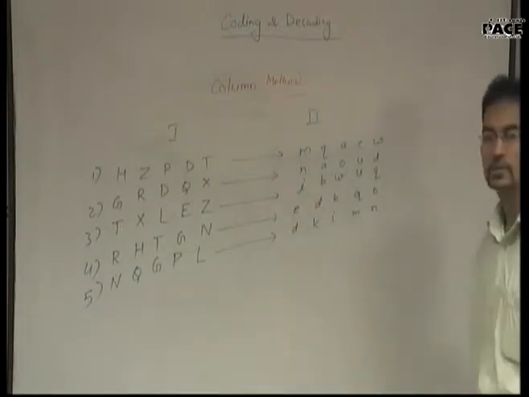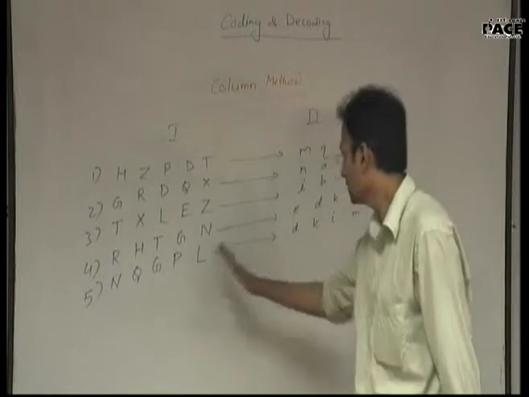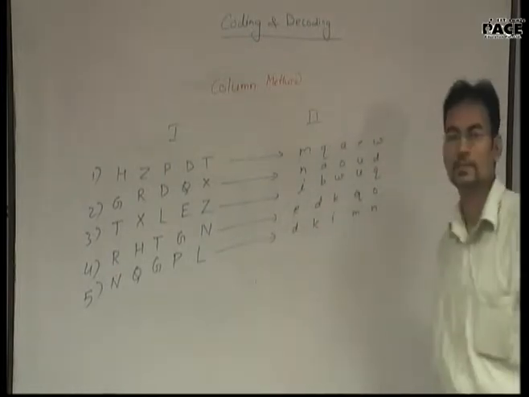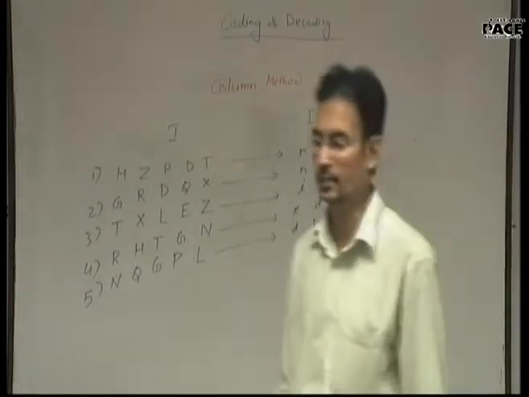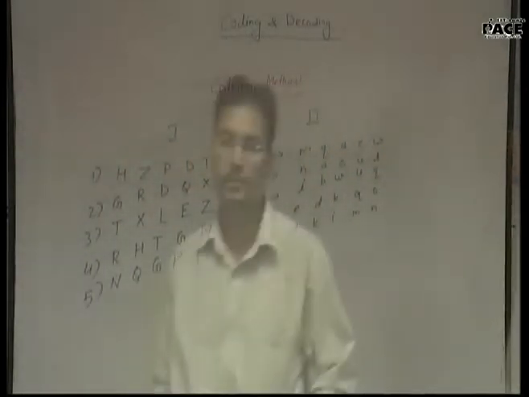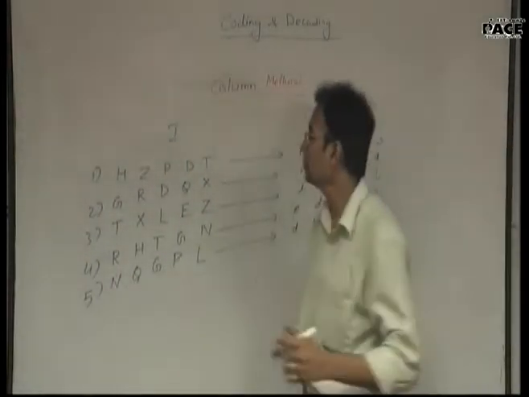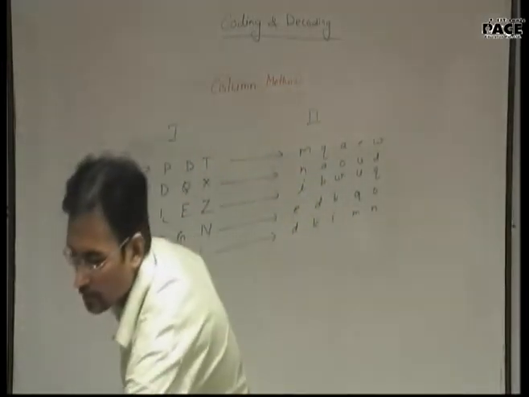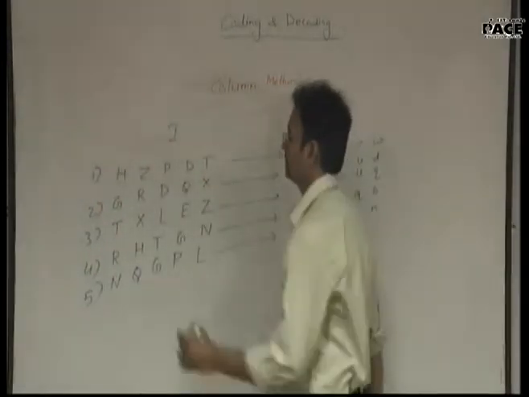So these are the values which are just opposite these letters. Now we have to find the values of these underlined letters.